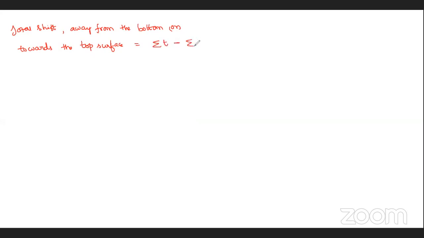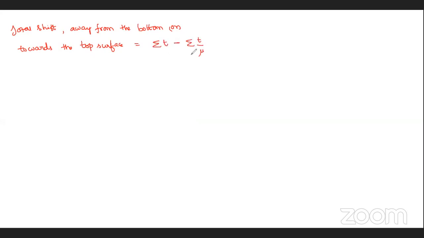Sir, total T1 plus T2 minus sigma T by mu. Very good. So the total shift, towards the top surface, is equal to sigma T minus sigma T by mu.